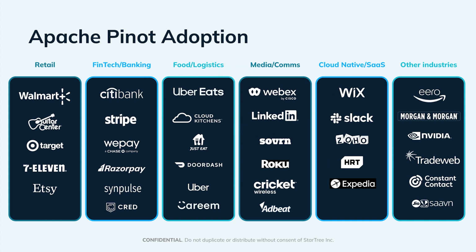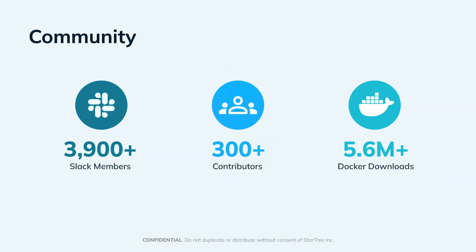Food and logistics is actually where I think Pinot is a segment winner. Every major company in this segment across the globe has adopted Pinot, which is monumental. So it's quite popular across all these segments. Also quite a vibrant community, 3,900 plus Slack members and counting, and lots of Docker downloads, which is great.